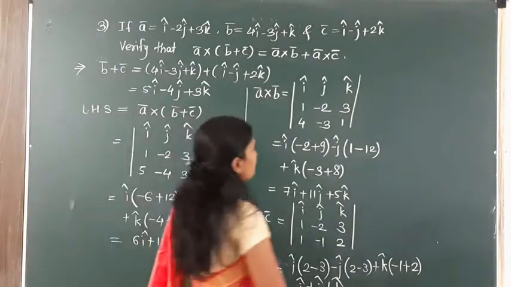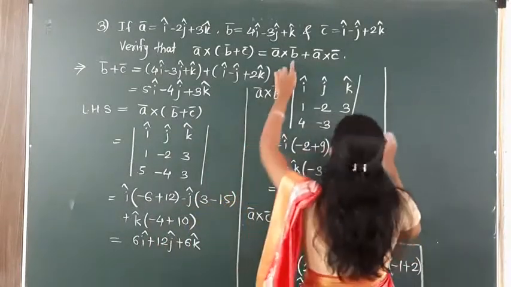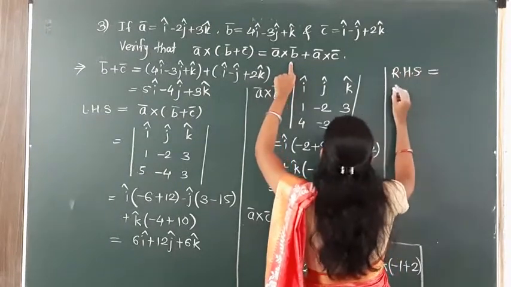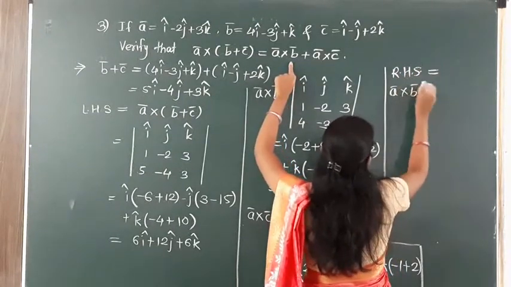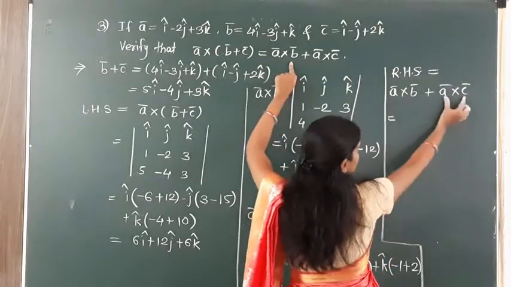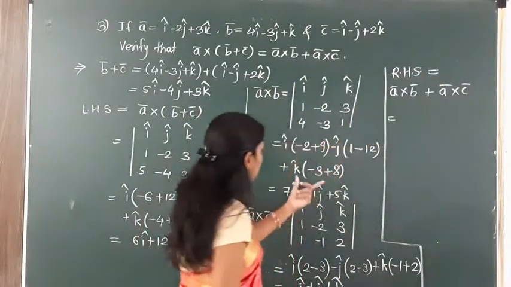Now we add these for the RHS. What is RHS? RHS is equal to a bar cross b bar plus a bar cross c bar. We have to make the addition of these two values. So what is its value?